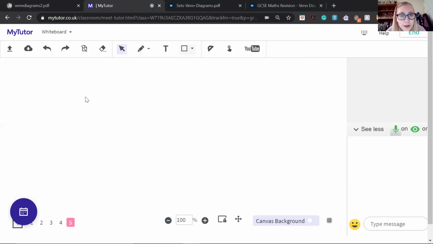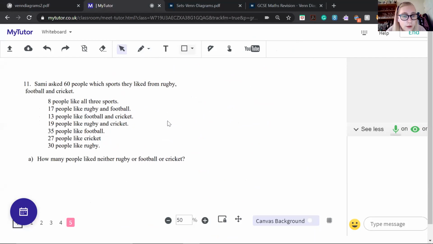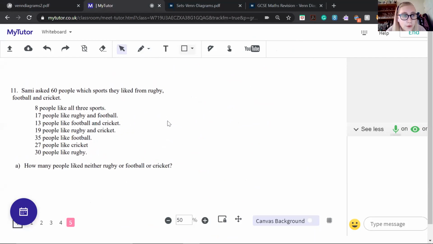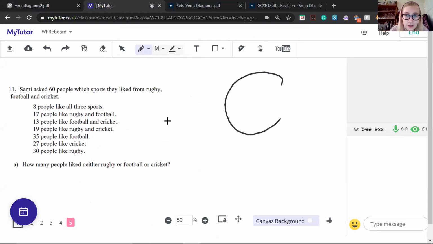We've got another three-part thing. Okay. So Sammy asked 60 people which sports they liked from rugby, football, and cricket. So we have 3 here.